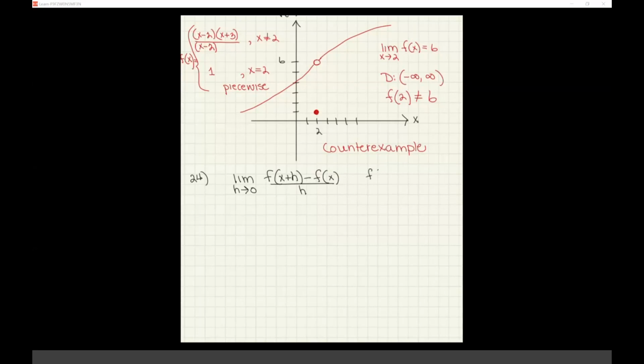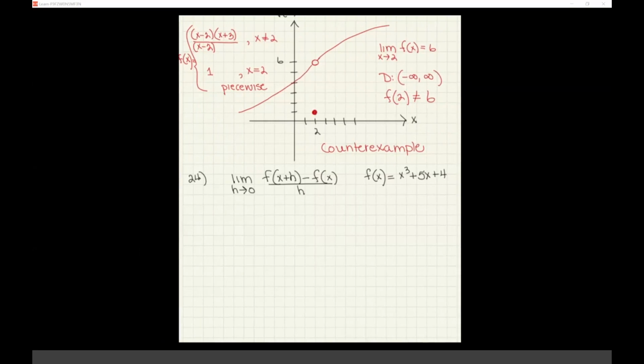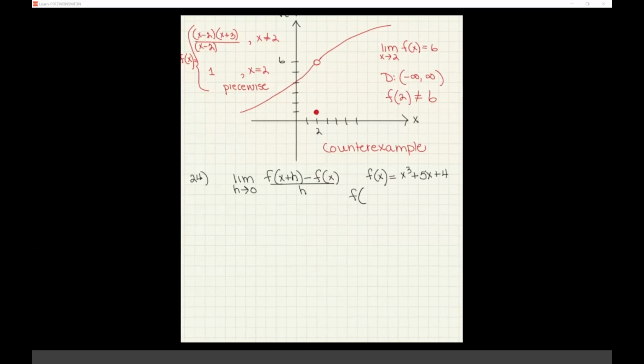Let me start with my function. I had f of x is x cubed plus 5x plus 4. That's what was given. Then I have f of x plus h. Everywhere I have an x, I'm going to put an x plus h.